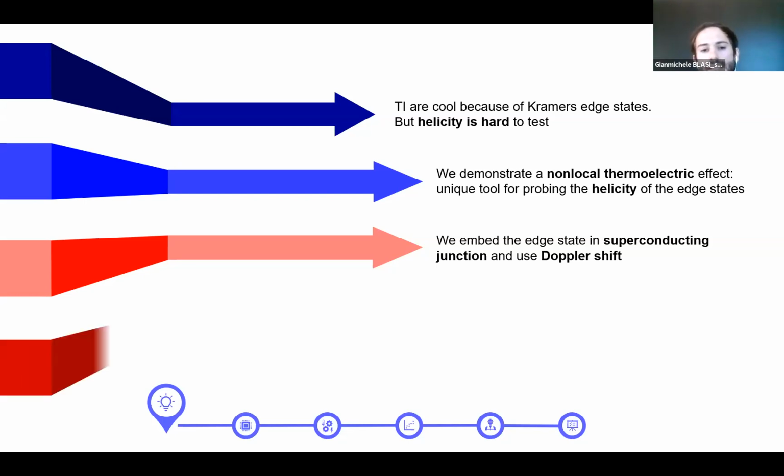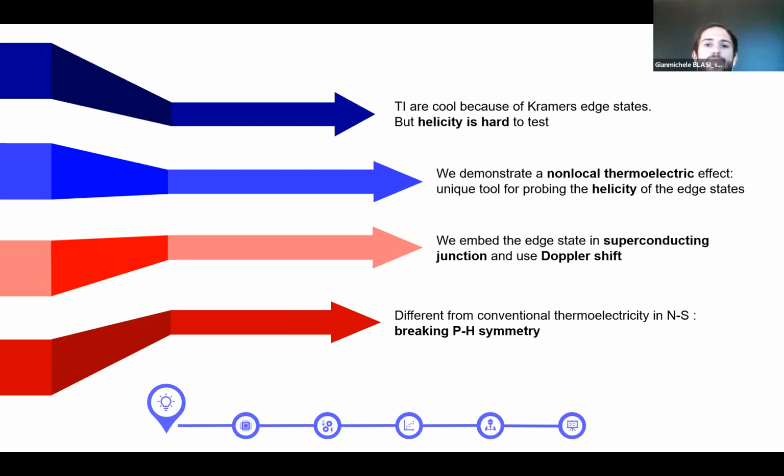Let me say also that our thermoelectric effect is very different in nature from the conventional thermoelectric effects obtained in standard NS junctions, in which they usually explicitly break particle-hole symmetry of the system, for example, exploiting Zeeman fields or a polarized probe. But in our case, our effect relies on a completely different mechanism, which is based on the helicity of the edge states of the topological insulator under the action of this external magnetic flux.